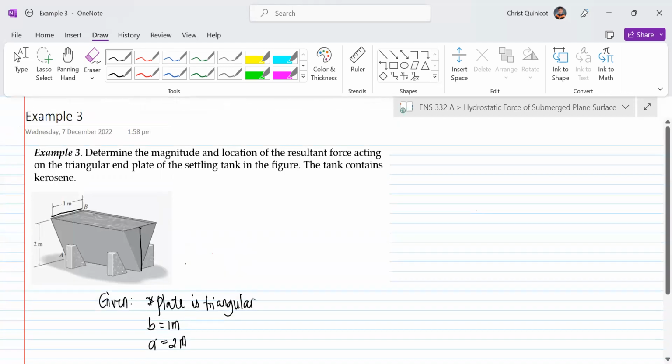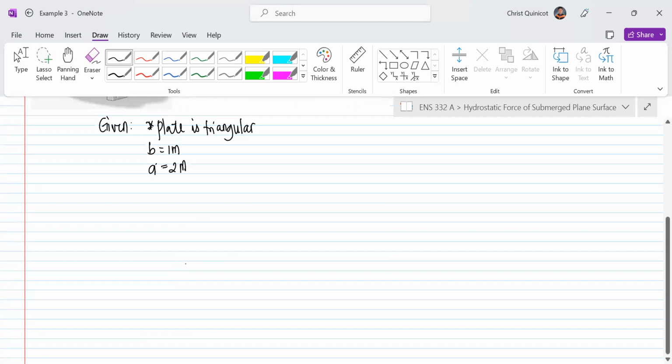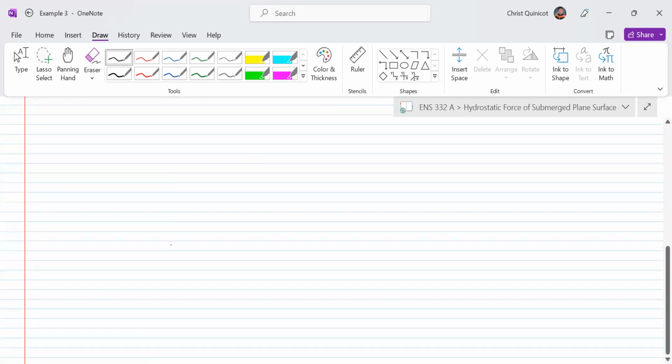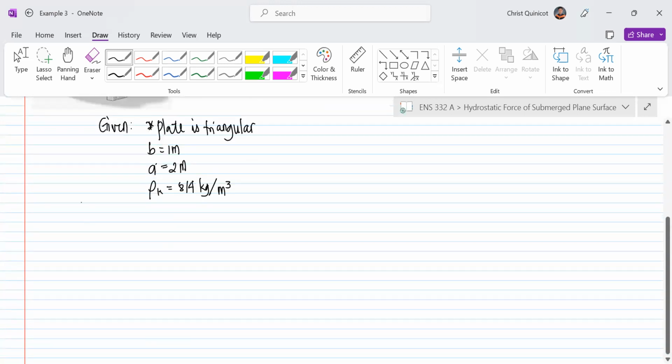Since the fluid is kerosene, the density of kerosene is equal to 814 kilogram per cubic meter. We are tasked to find the magnitude and location of our resultant force. So what is required? F sub R and the center of pressure.